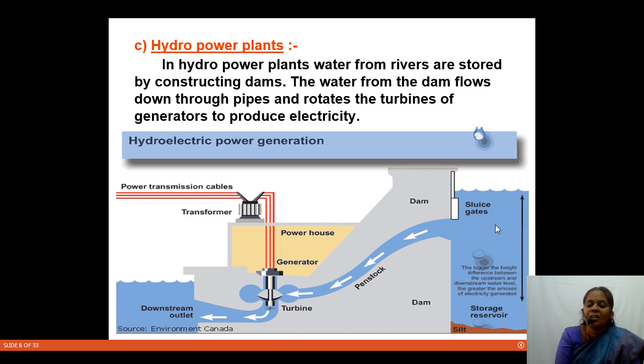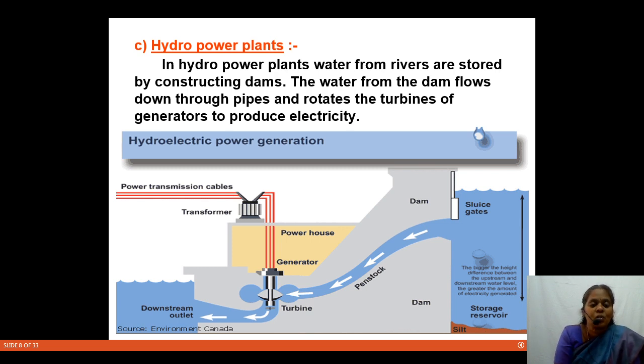During the rainy season, water from the rivers, mountains and hills is stored here. When the gate is opened, the water is released, moving water, which rotates the turbine connected to the generator, producing electricity. Then with the help of a transformer and power transmission cables, we transmit to several areas.